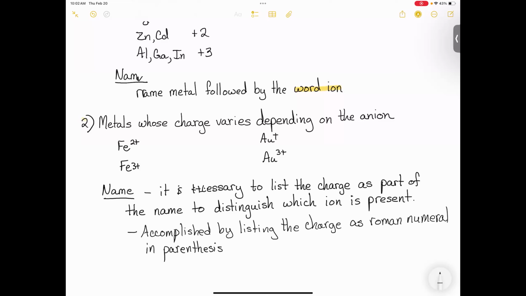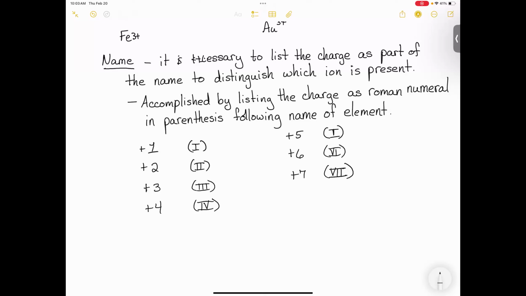If it's a +4, the Roman numeral for 4. 5 will be the Roman numeral for 5. 6 will be the Roman numeral for 6. And 7 will be the Roman numeral for 7. I don't believe there is a +8 out there, or 9 or 10.